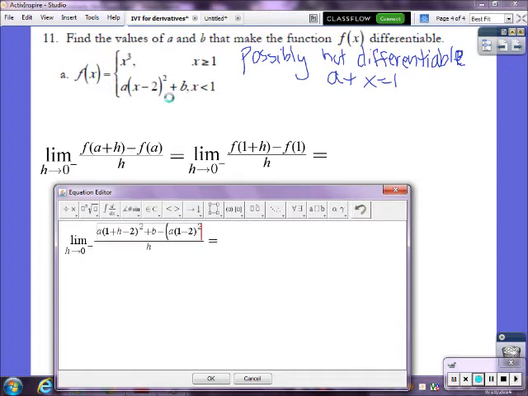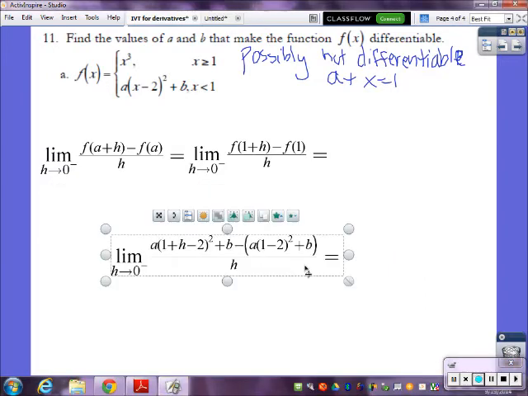And then plus b. Always check that you've got everything plugged in correctly. So we have minus f of 1, and that would be a parentheses, and it's not x anymore, it's 1 minus 2 squared plus b.